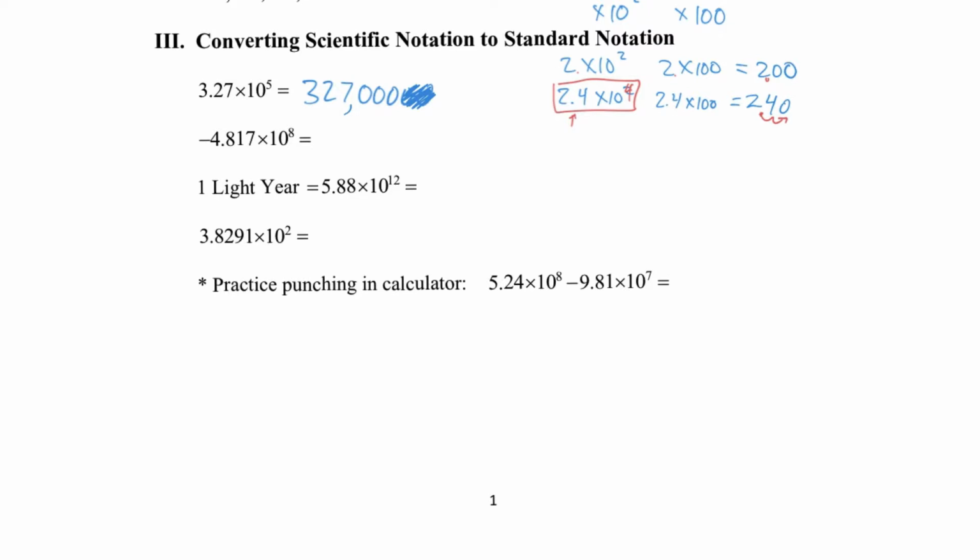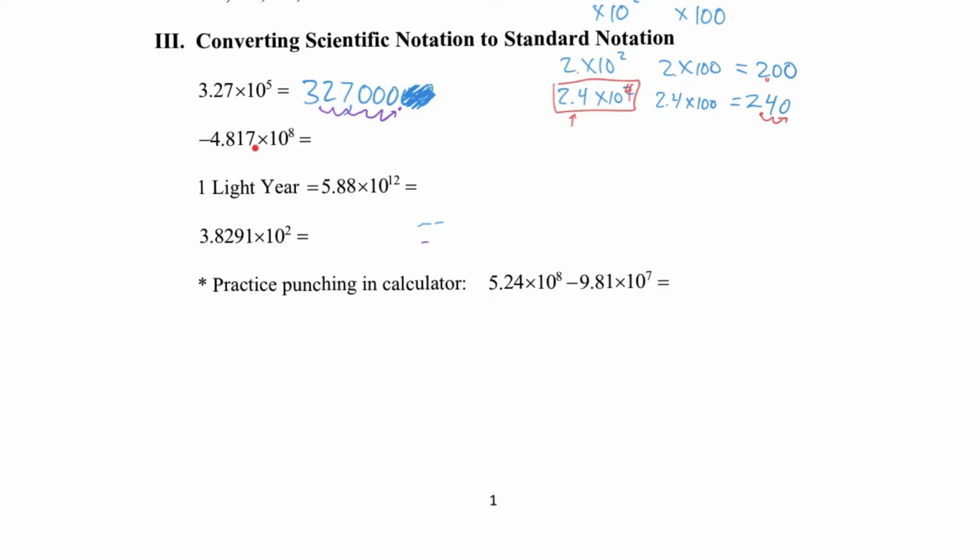What we did is take our decimal point from here, and move it 5 jumps: 1, 2, 3, 4, 5. Does that logically make sense? Yes. The next one, don't let the negative mess you up. How many jumps do we have to do on this one? 8.